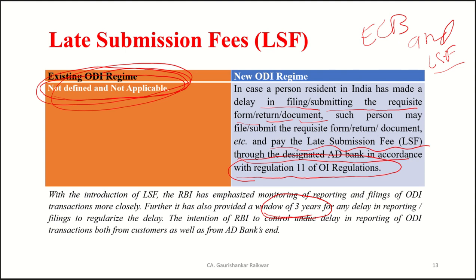After 3 years, the investor would have to go under the compounding route. So friends, this is a very important thing. If you are an investor, or you are the Indian entity, then please take care of this requirement.